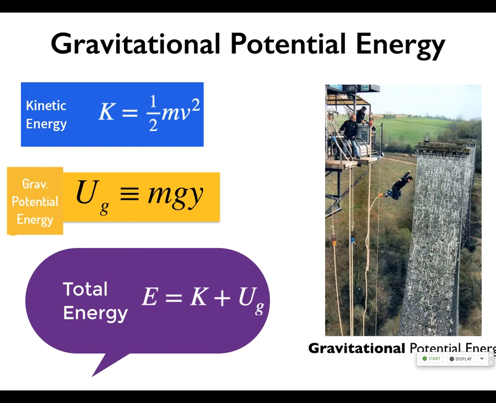Right before it hits the ground, whatever you got for mgy should be equal to 1/2 mv squared right there. In between, as y gets smaller, you get mgy plus 1/2 mv squared, whatever the speed is. So you're changing from potential to kinetic energy. Right before it hits the ground, it's going to be all kinetic.